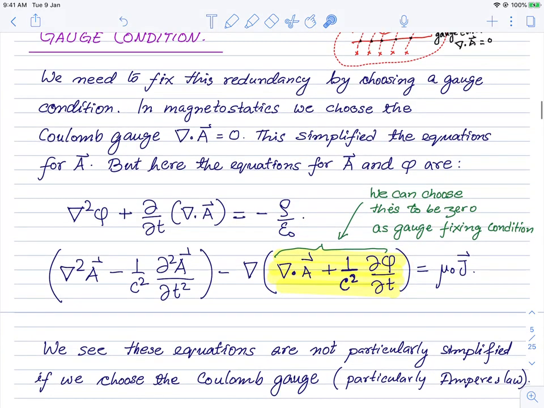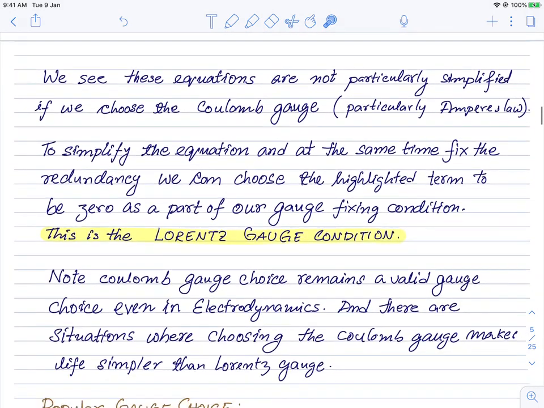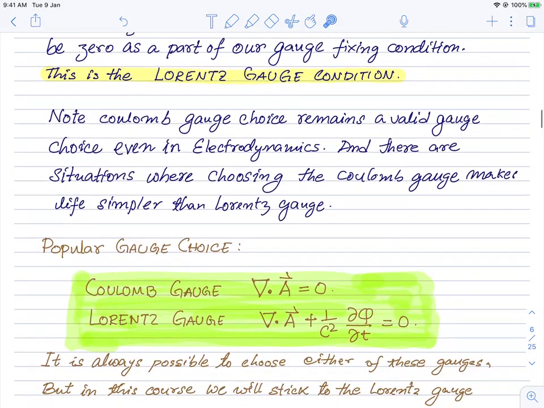It's called the Lorentz gauge condition. I have written these two conditions together. They are the most popular conditions, and they can be chosen. The Lorentz gauge condition is the one that simplifies life, as you will see. It simplifies the equations, so it is a more popular choice when you are talking about dynamical situations.